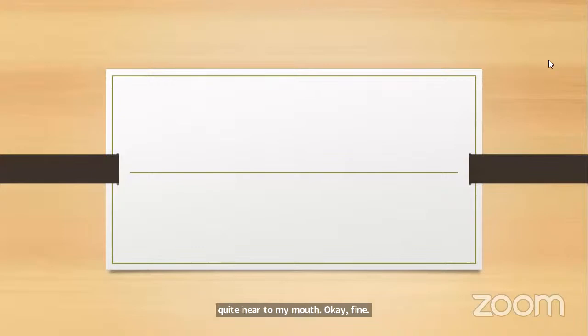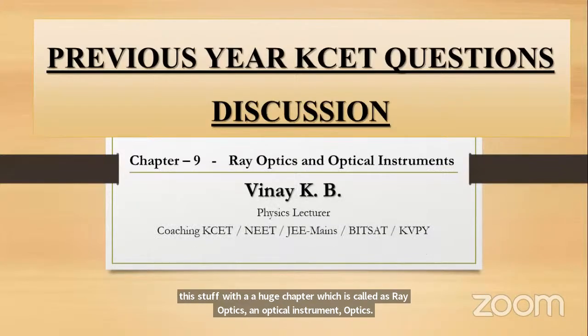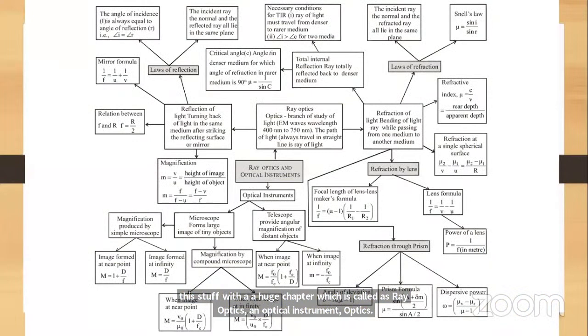Okay, fine, students. We're starting with a huge chapter called ray optics and optical instruments. We are going to understand many branches of concepts and also discuss many questions, because this is quite an important chapter. As I told you, this chapter and the current electricity chapter together will get 6 to 8 questions, and in ray optics a minimum of 4 to 5 questions will be asked. After ray optics there is wave optics and optical instruments.